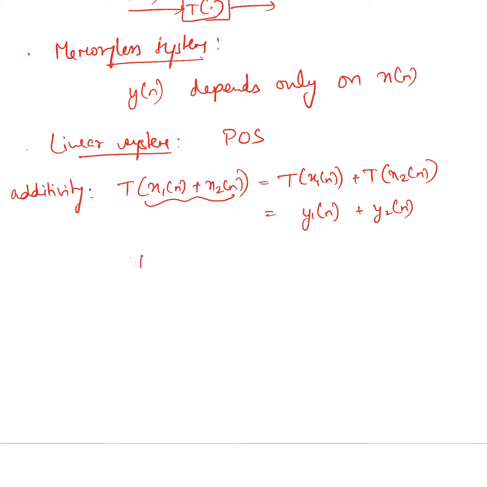Meaning to say, if I apply the input a times x of n, then I should be able to get the output as a times y of n, and this property you label as homogeneity. If these two properties are satisfied by some operator T, then we call this system a linear system.